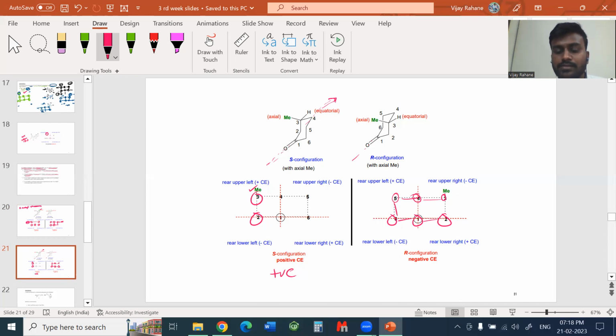And accordingly, this methyl is axial, so we need to draw it axial. And we can see this lies in the negative quadrant, because negative, positive, negative, and positive are the signs of the quadrants. So this methyl lies in the negative quadrant, so it shows a negative quadrant effect. It shows a positive quadrant effect.